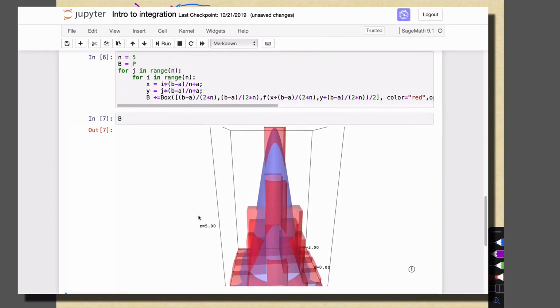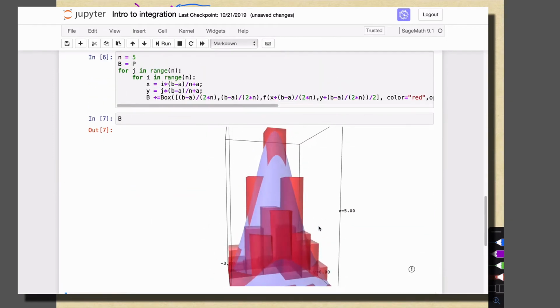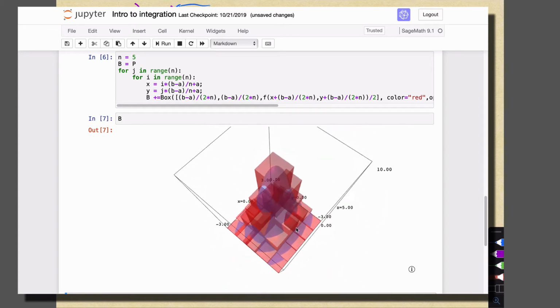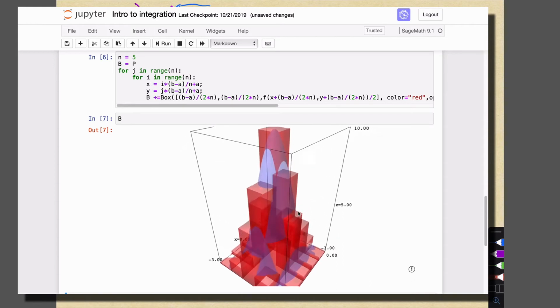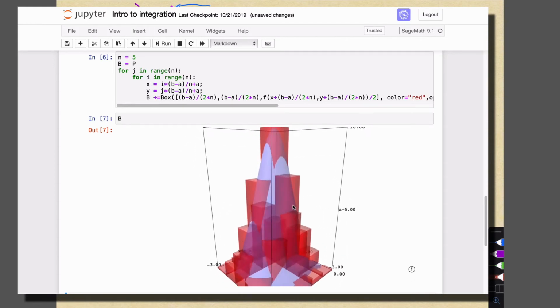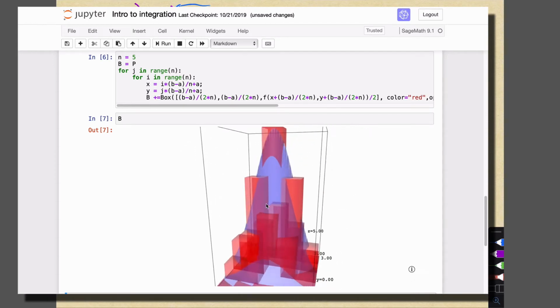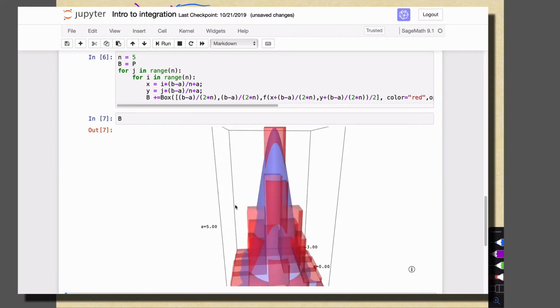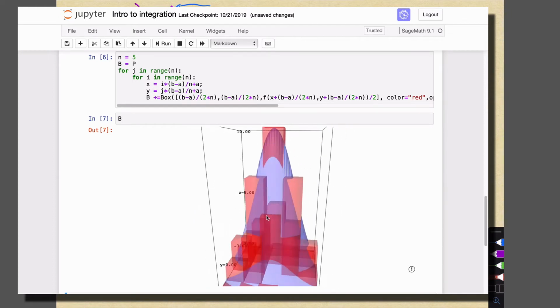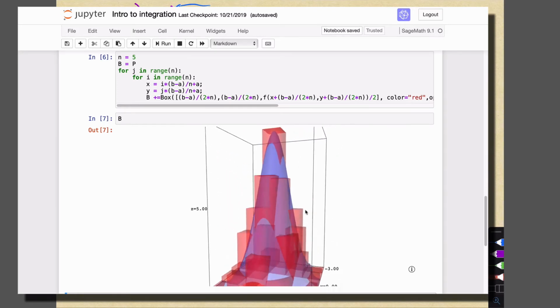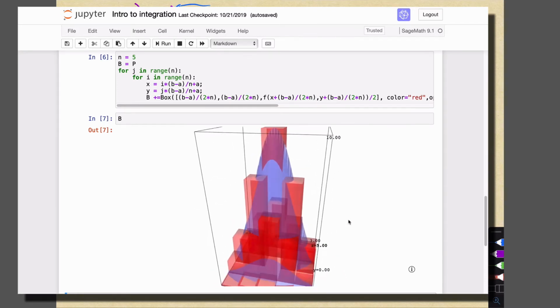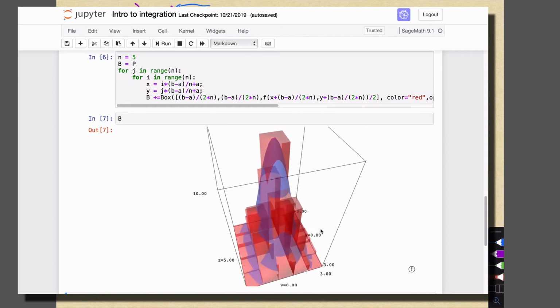And here is a picture of a 5x5 subdivision where the height of each of these boxes is the value of the function in the center of the box. So you can definitely see how it conforms to the shape of the graph, but it's not a great estimate.